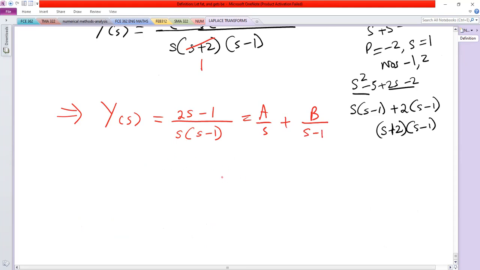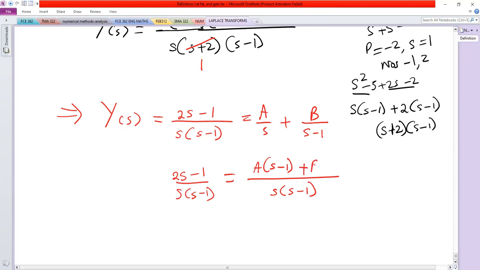Which means 2s minus 1 over s times s minus 1 equals, the LCM is s times s minus 1, and then a times s minus 1 plus b times s. This is meant to be capital Y of s. So the objective is to get the constants a and b.